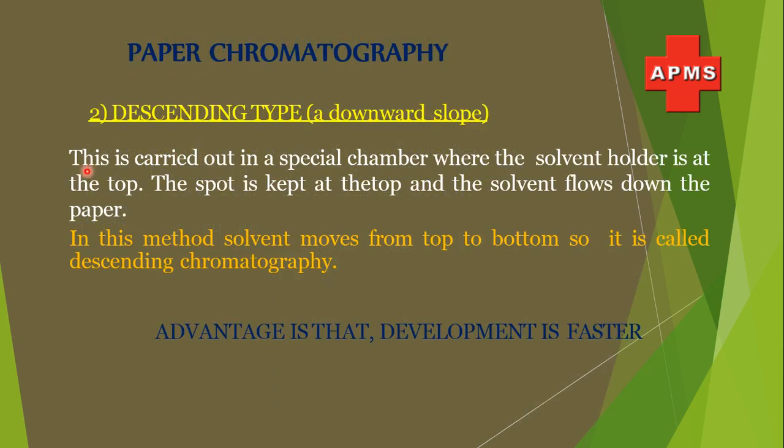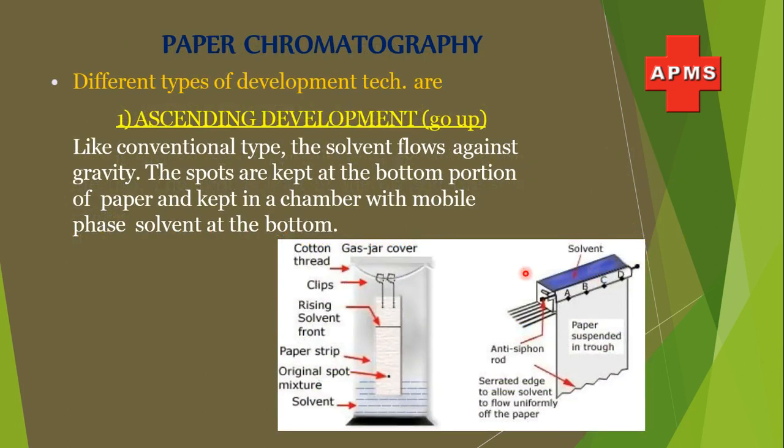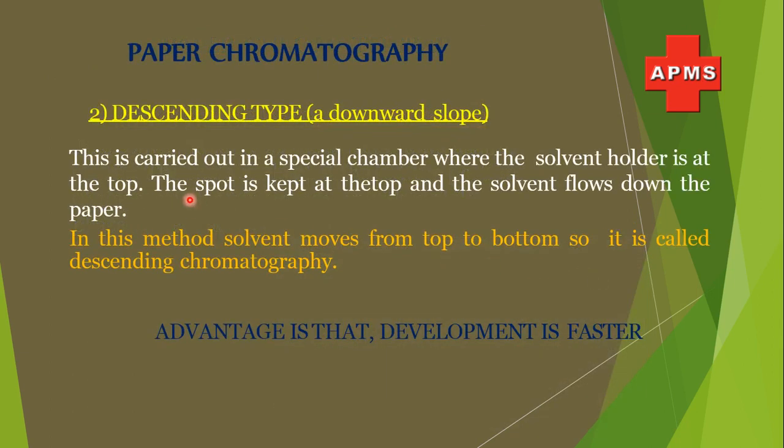And here we can see the descending type, a downward slope, which means the mobile phase or solvent moves from top to bottom. This is carried out in a special chamber where the solvent holder is at the top as shown here. This is descending type chromatography, where the solvent has been put on the top side.